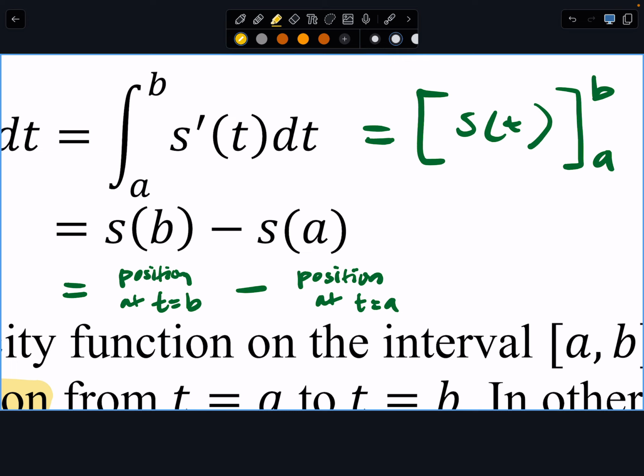Do you see how the seconds would cancel? And the area of each of the rectangles would be a number in meters. So you're adding up areas that are all in meters, meaning that if velocity was in meters per second, this number would be in meters. Do we follow that?